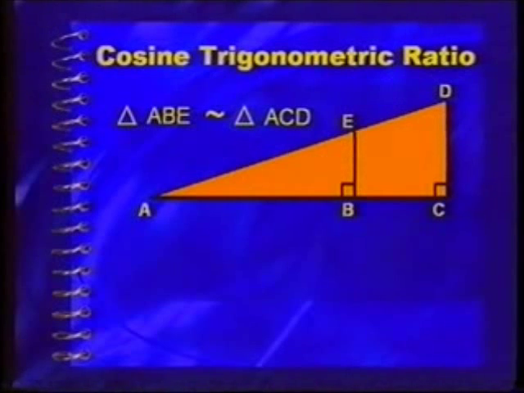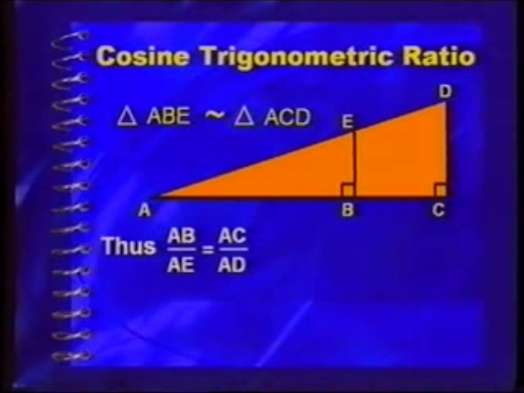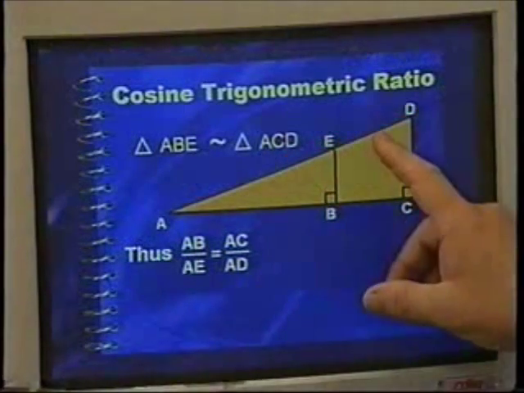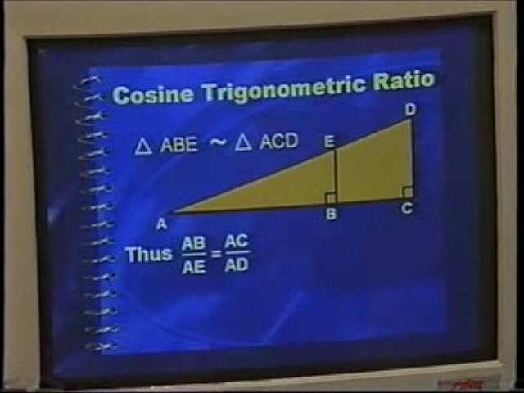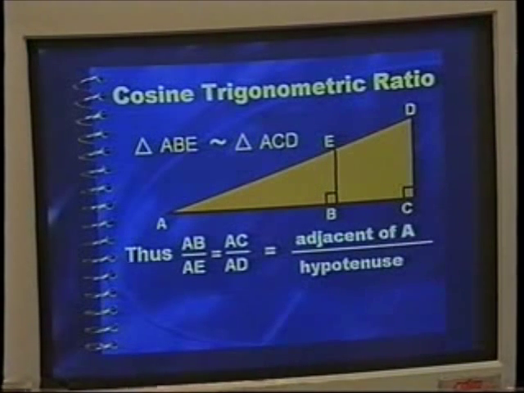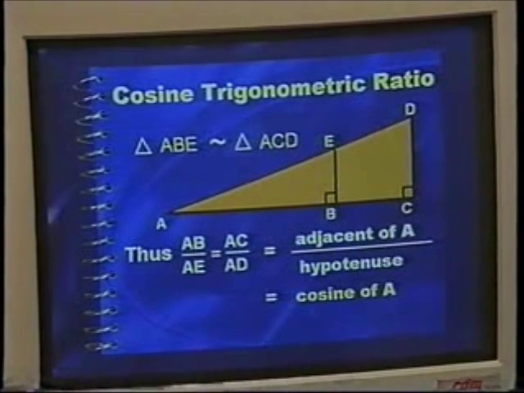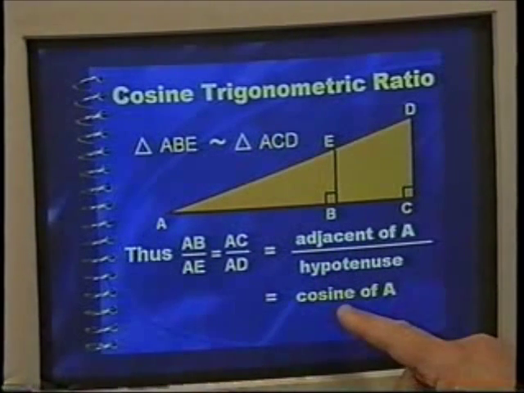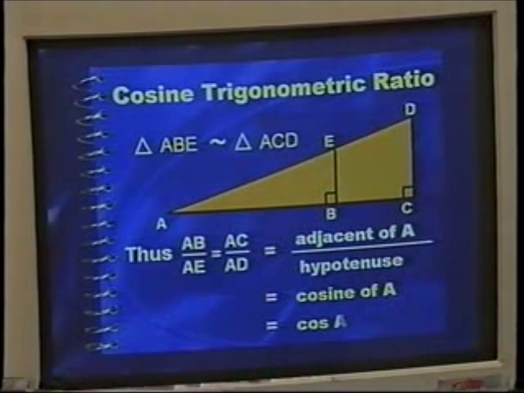In this particular cosine ratio, we know that AB over AE, in other words the adjacent over the hypotenuse in the small triangle, must be the same as the adjacent over the hypotenuse in the big triangle. So it must be the same as AC over AD. Adjacent of A divided by hypotenuse of A, that is actually then always the same for angle A. It's called the cosine of A, or abbreviated cos A. And that's how we say it, the cos of A.